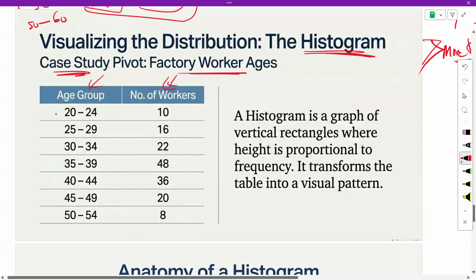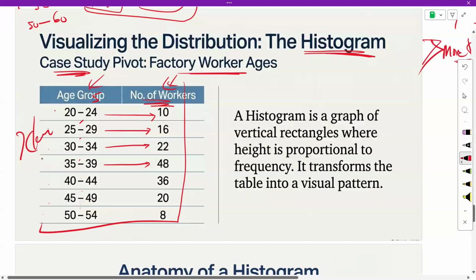They make 7 classes, and the class width is 5. For each class, the length is 5, so the classes are equal sized. Let's see the number of workers. In this age group there are 10 workers, this age group 16, this 22, and this 48.